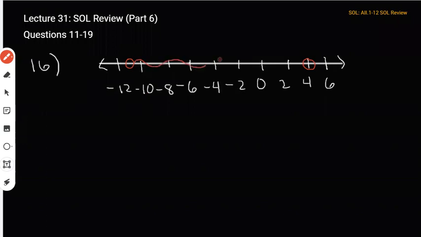So the way I like to shade is this. So we're shading every number between -11 and 4. One of the ways we can write that is x has to be less than 4, but it has to be greater than -11 for this to work. So this is the solution to the problem that I'm looking for.